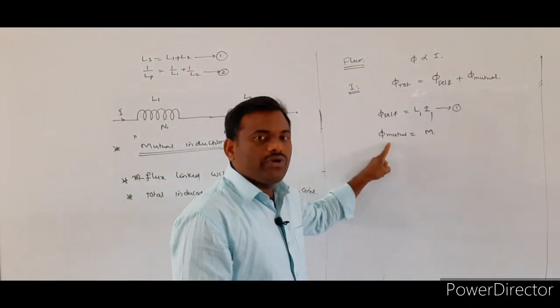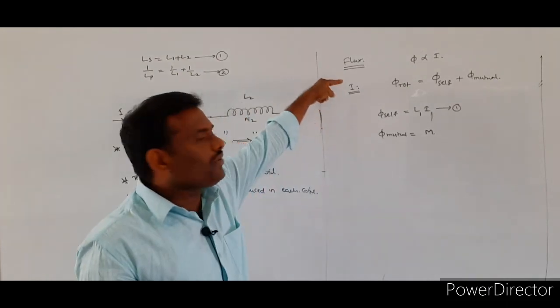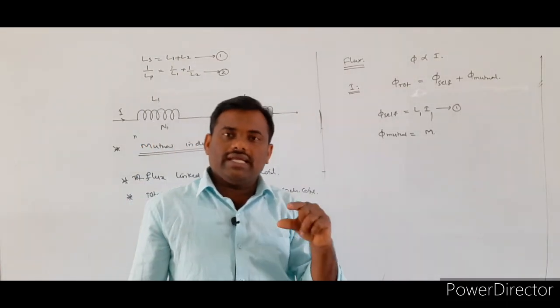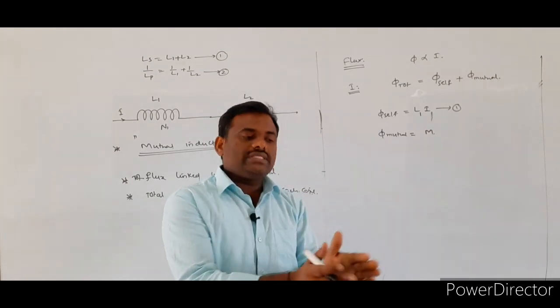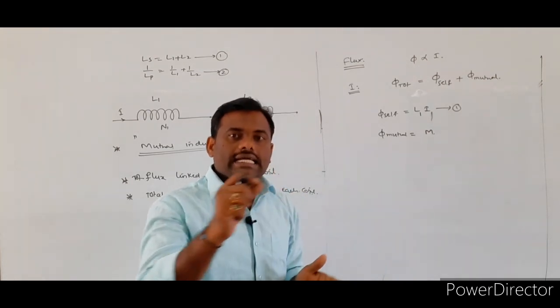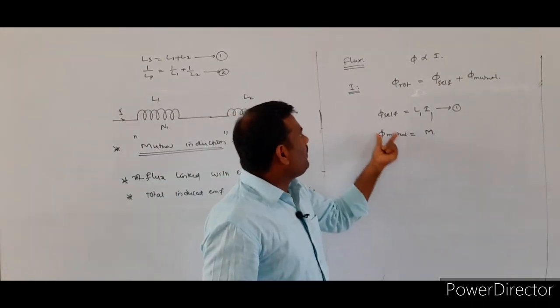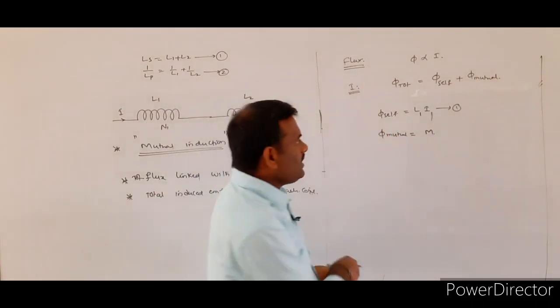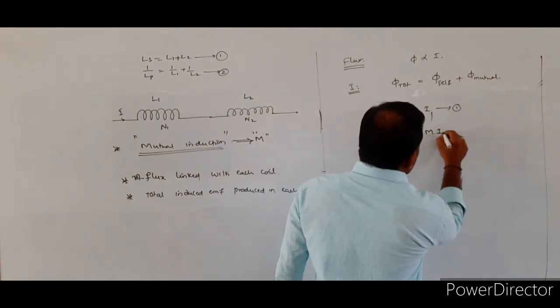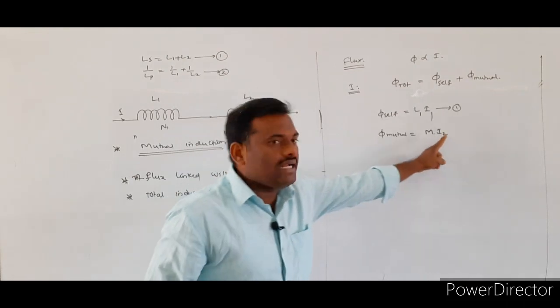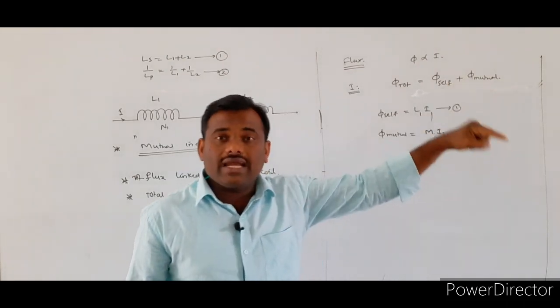This flux is produced where? This flux is produced in the first coil. In the phenomenon of mutual induction, the flux is produced in one coil and the current is flowing through another coil. So here the flux will be produced in the first coil, and the respective current is the current flowing through the secondary coil.